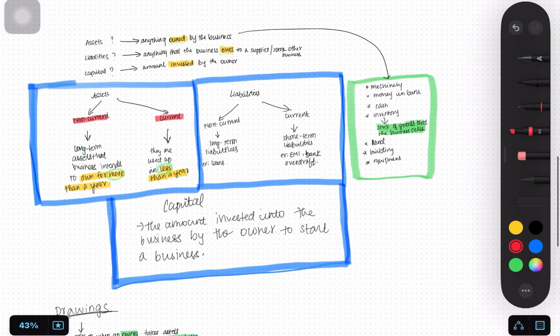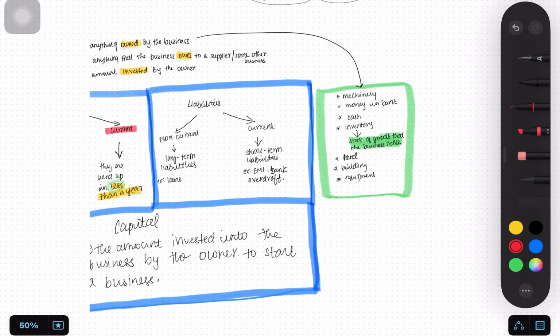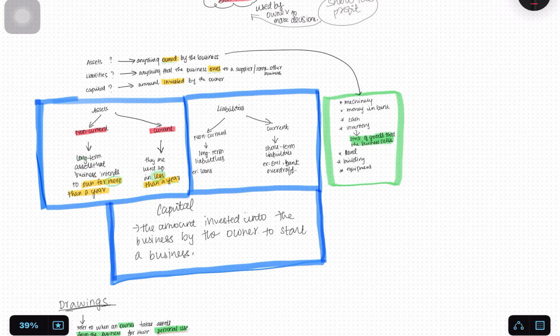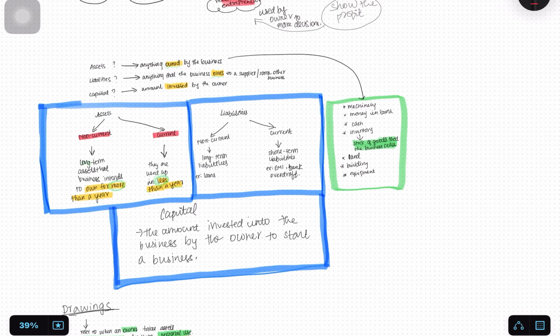Now let's quickly classify which of these examples is a non-current asset and which is a current asset, and also see the reasons why. Machinery can be used for many years until it wears out, so I'm just going to write NCA.